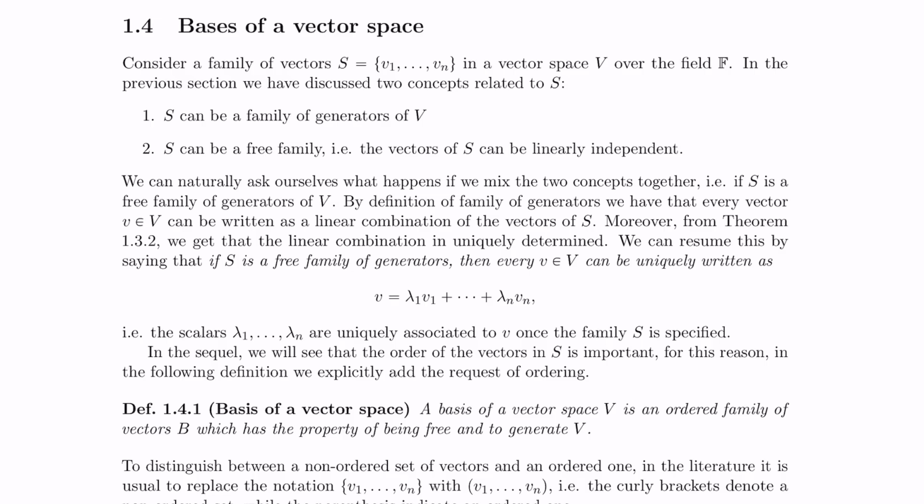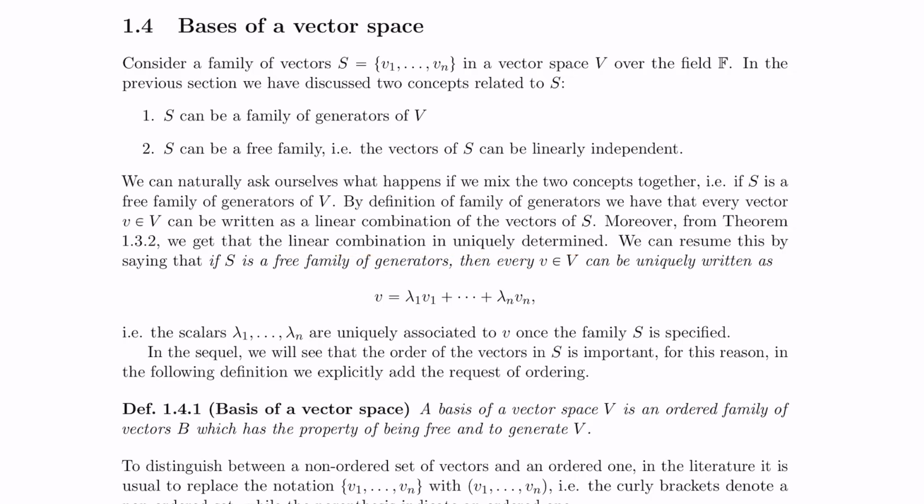For S to be a family of generators of V, it means that every vector belonging to V can be written as a linear combination of the vectors v1, ..., vn. But if the vectors v1, ..., vn are linearly independent, then this linear combination is uniquely determined.